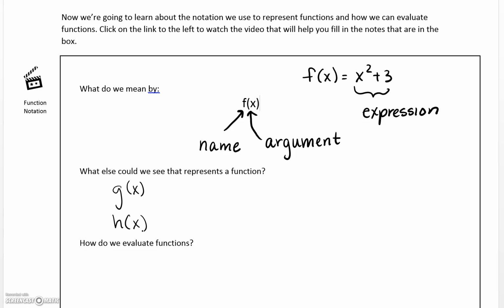So we might have a word problem that involves time, and then we might use t instead of x. So we might see something like f of t, and then our expression might be t squared minus 5, or whatever it is. Sometimes we'll see things that say s of t, and that would just mean the function's name is s, and the variable that we're plugging in is t.